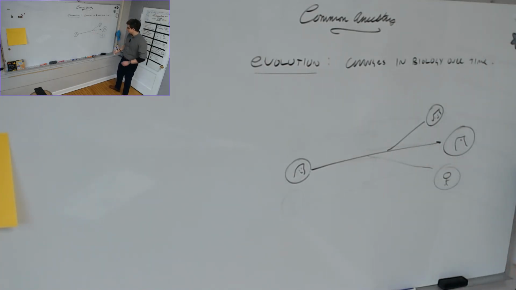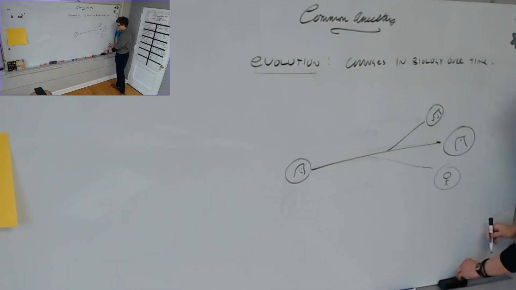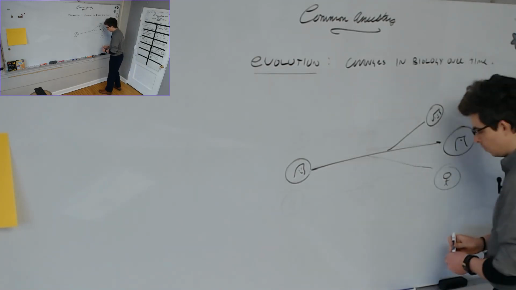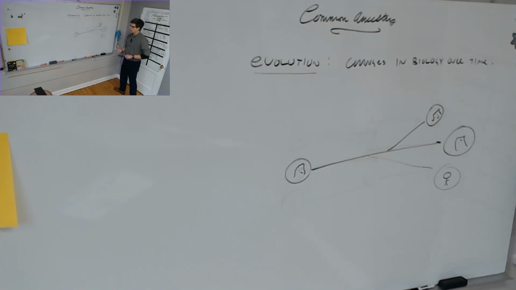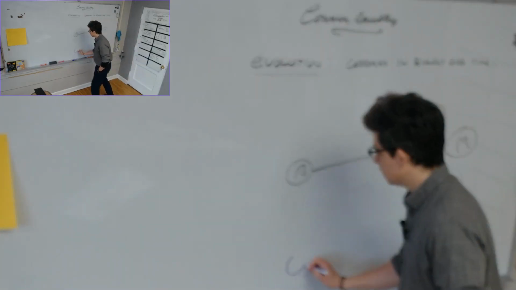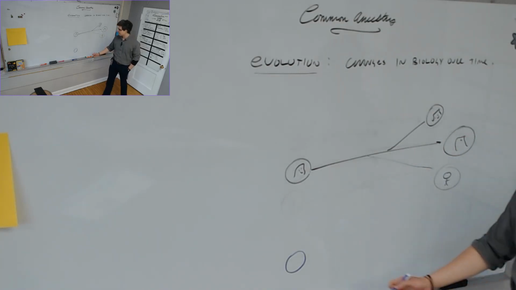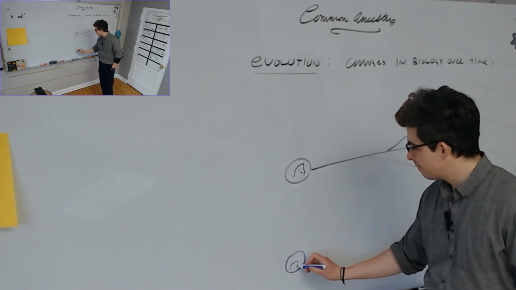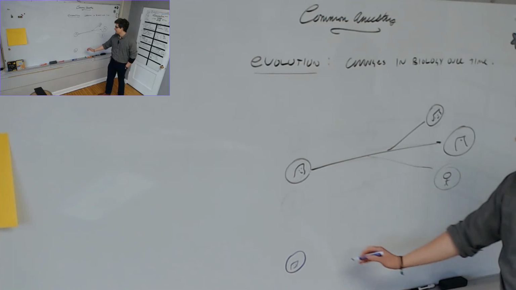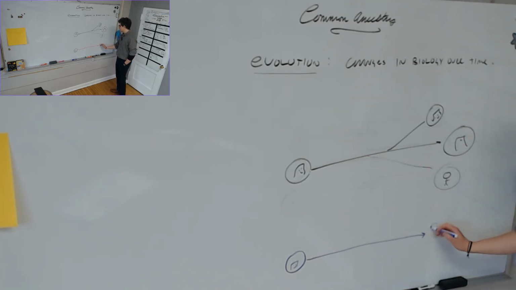And a way that I usually like to demonstrate this, maybe even as an analogy, is to draw a very similar diagram, but this one is your mom. And this one is you.